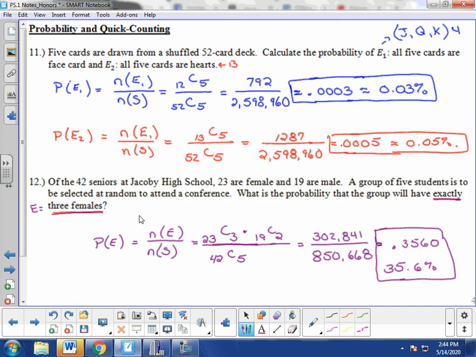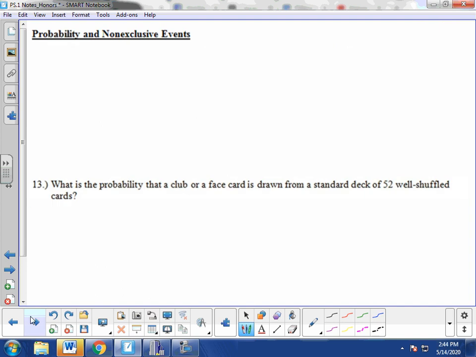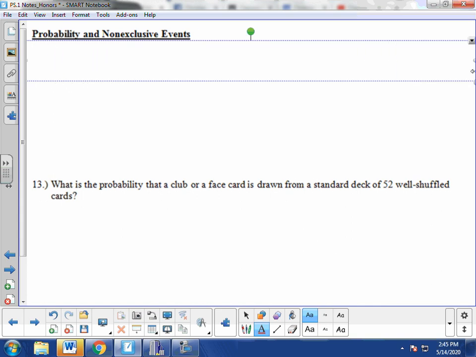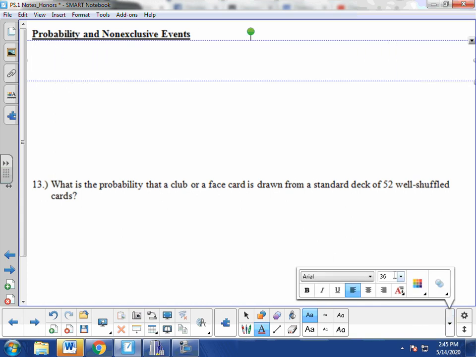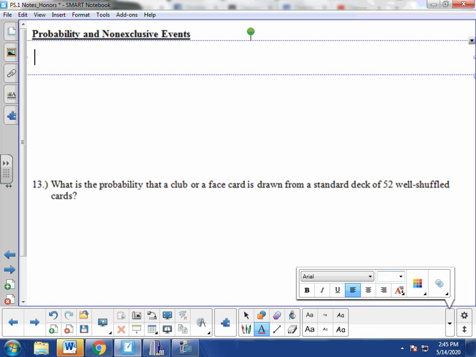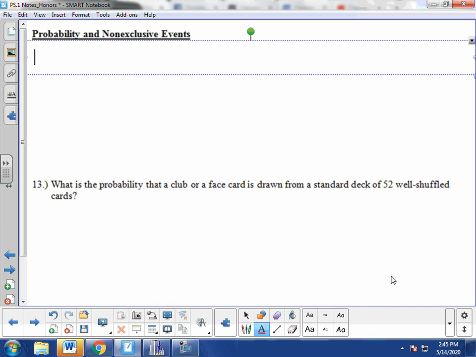Now, we do have some additional topics to consider here with probability. These were all what we would call exclusive events, but we have probability that's going to occur in non-exclusive events. So this would be when different events may share the same outcome.